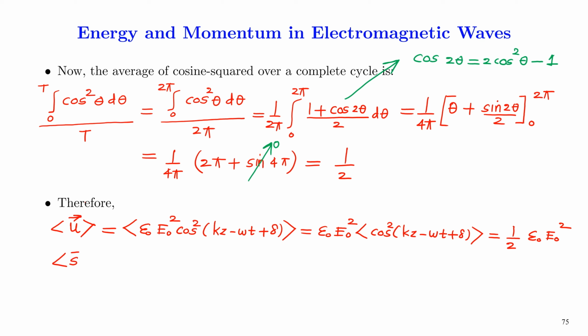The average value of the Poynting vector is 1 over 2 c epsilon 0 E0 squared along the z hat direction, and the momentum density is 1 over 2c epsilon 0 E0 squared z hat.